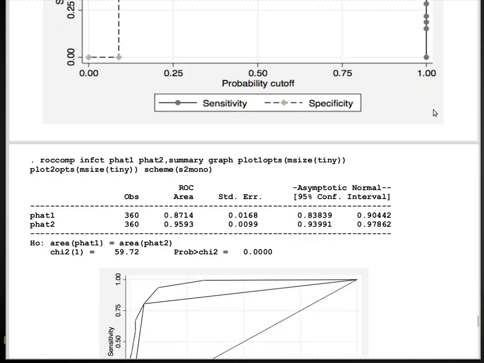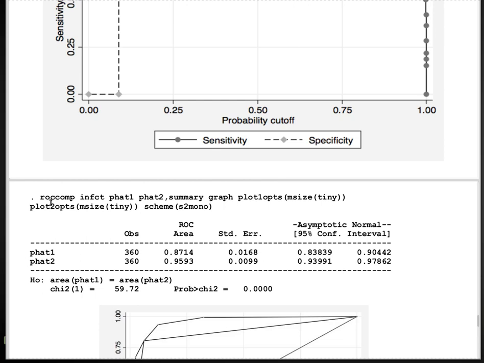Then we could, if we wished, compare the estimates of the AUCs from the two. And what do we get? We get that the AUC based on all of the CK values is better than the AUC based on just the threshold of 100. And the test of significance leads to a p-value that's quite small.